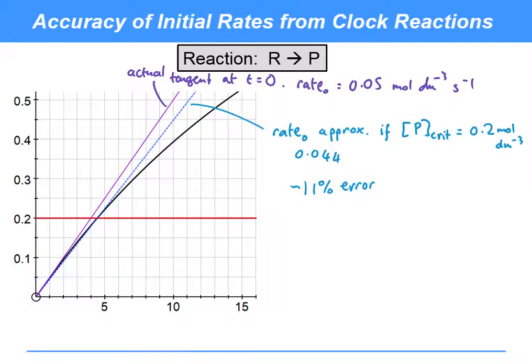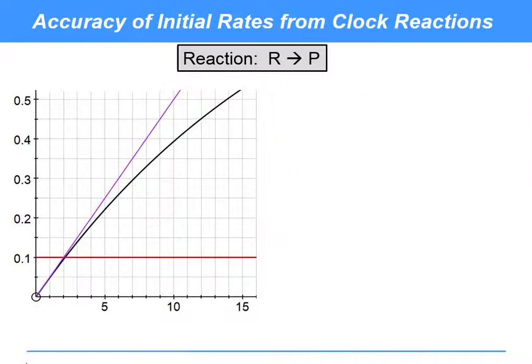So a couple more graphs just to show this. If we look at this case, you can actually see the blue line. So there is a blue line lurking here. This is if the critical concentration is 0.1. You can see here that I have actually drawn a dotted blue line, but it overlaps completely. So here there's no error. The initial slope and the approximate initial slope are spot on.